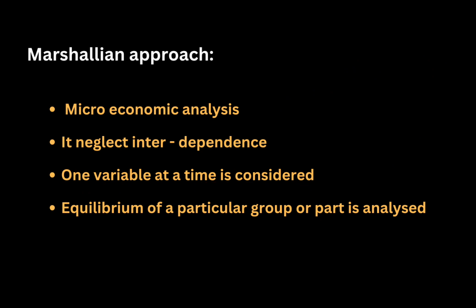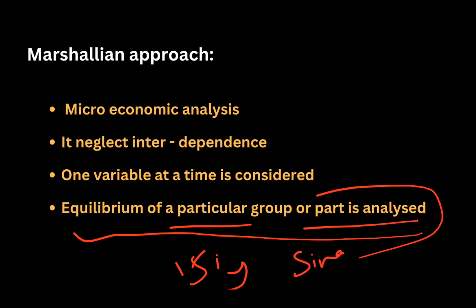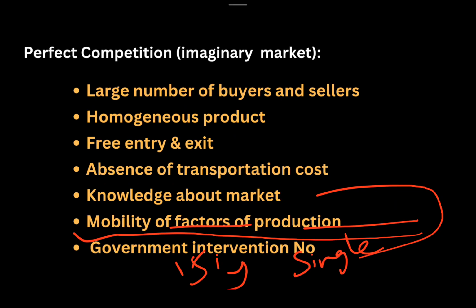In the Marshallian approach, he considers only one variable, that is price, and how price adjusts according to the demand and supply in the market. Equilibrium of a particular group or a part is analyzed. A particular group means a single commodity group, or a single part. A single part means, for example, only tea. It only considers tea.